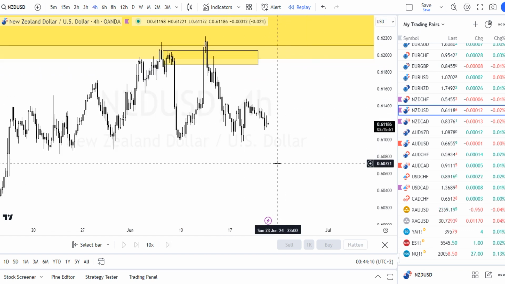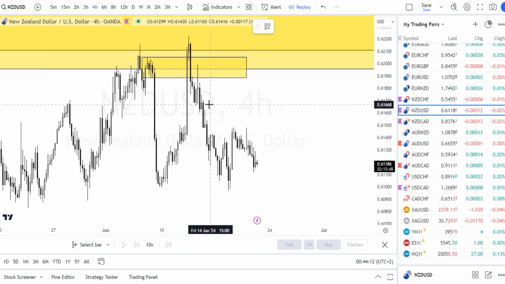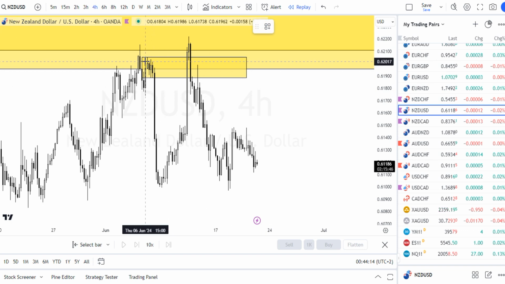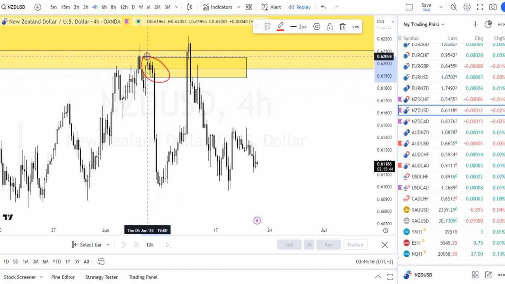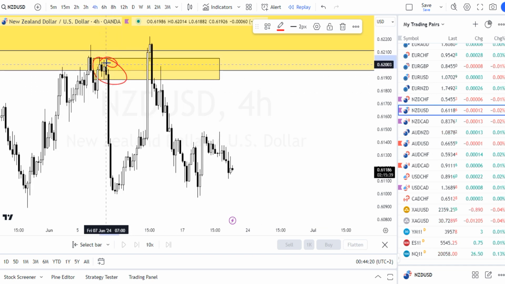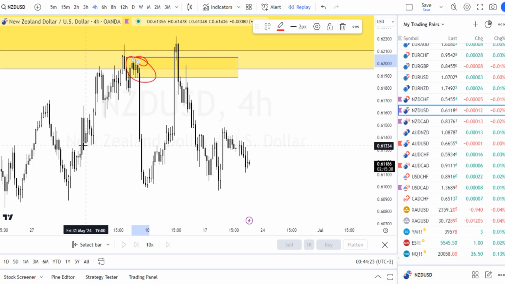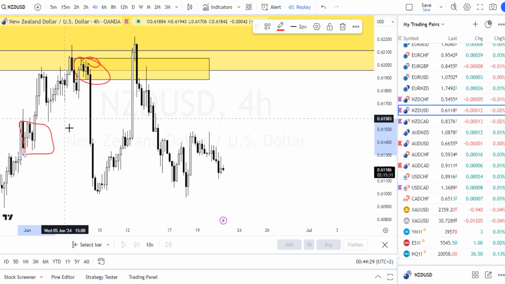Okay, if you wanted to sell, you could sell here, because this order block actually removed this demand zone. Okay, so it's a good trade to take.